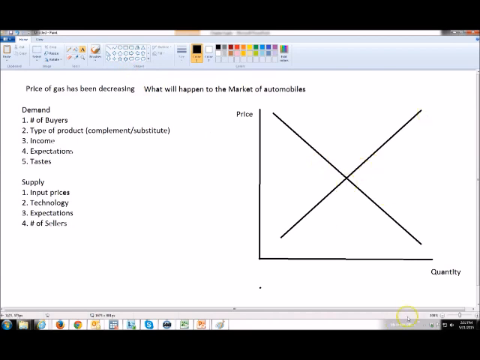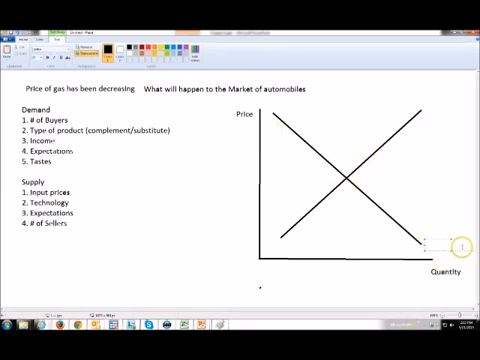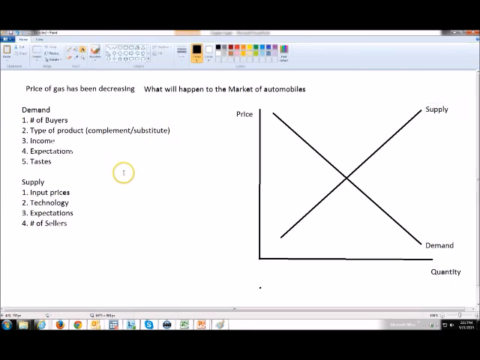We initially start here. This is my demand. This is my supply. We know that if the price of gas is decreasing, what factor changes?